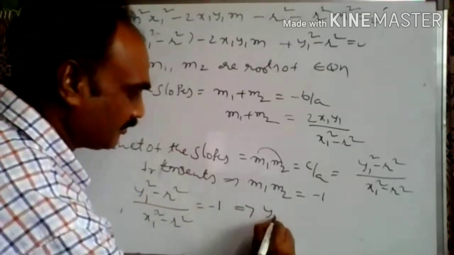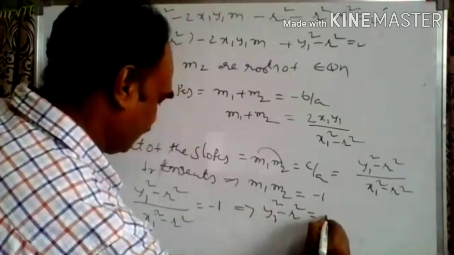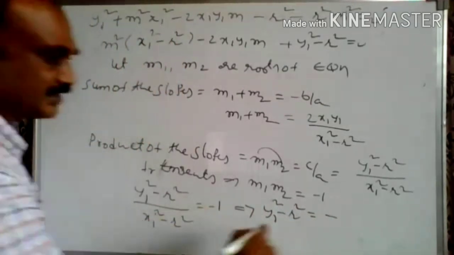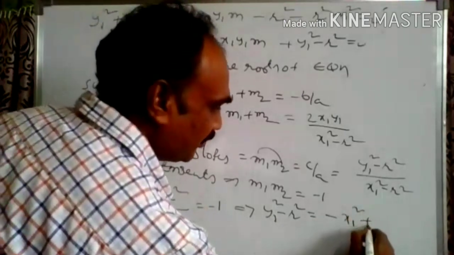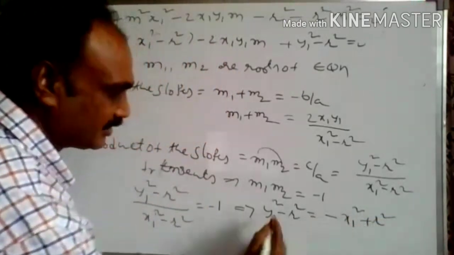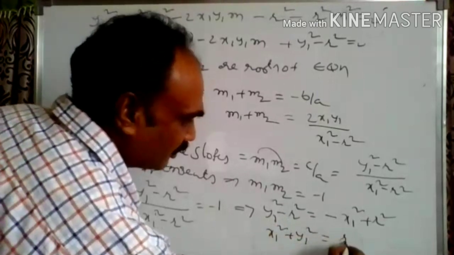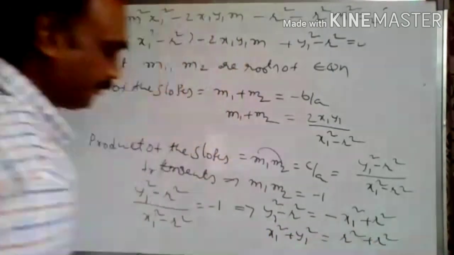Cross multiply: y1 square minus r square is equal to minus of (x1 square minus r square), that is minus x1 square, minus into minus plus r square. Taking this to the left hand side, x1 square plus y1 square is equal to r square plus r square.